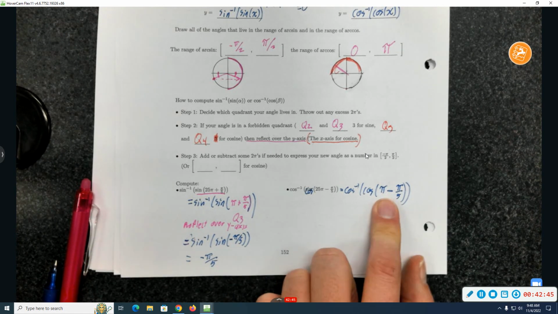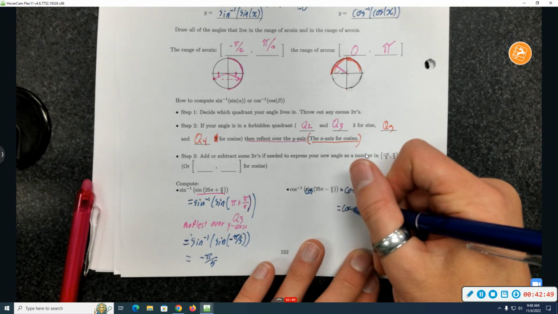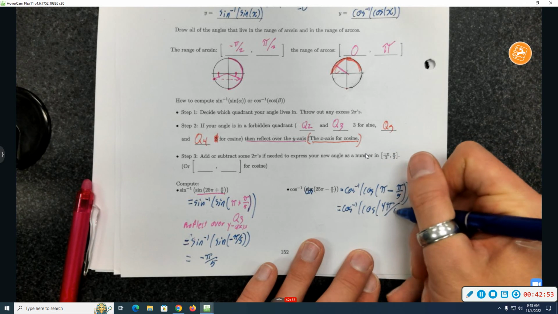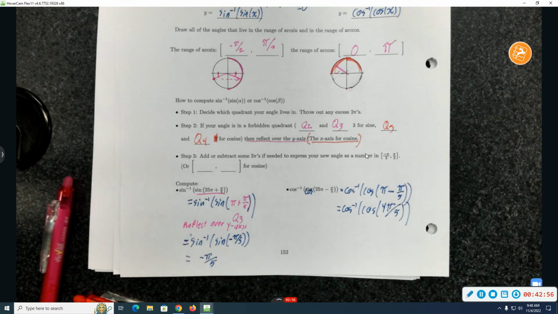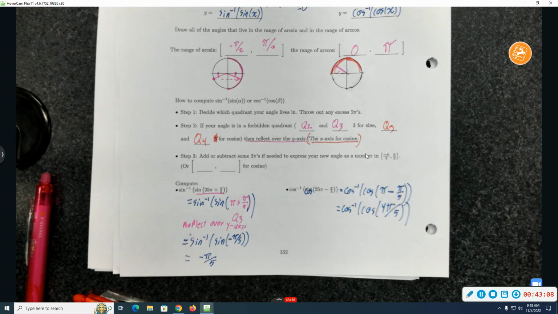Now ask yourself, well, this number is like 4 pi over 5, right? Cosine inverse cosine 4 pi over 5. Is that number 4 pi over 5 between 0 and pi? Yeah. So what's the inverse cosine of the cosine of this thing? 4 pi over 5?